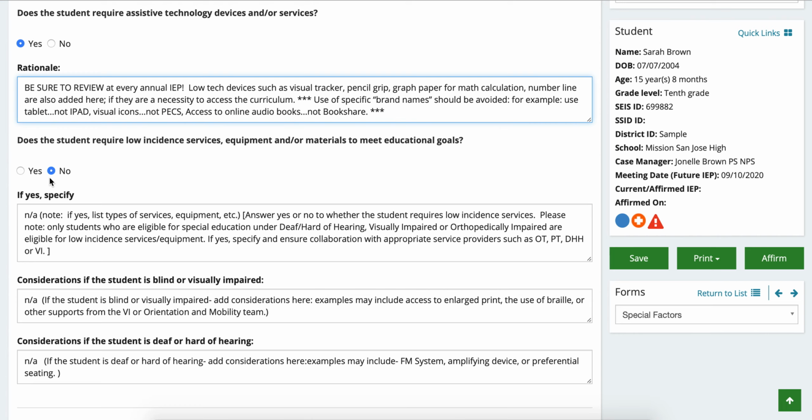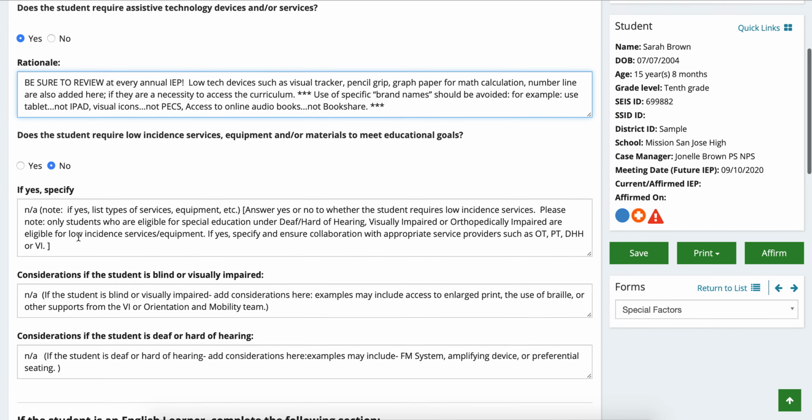You're also going to want to make sure that only students who are eligible for special education under the eligibility category of deaf and hard of hearing, visually impaired, or orthopedically impaired are actually eligible for low incidence services and/or equipment. If you are marking yes, just make sure that you are specifying that information, but you're also collaborating with appropriate service providers such as the OT, PT, or the DHH or VI specialist.